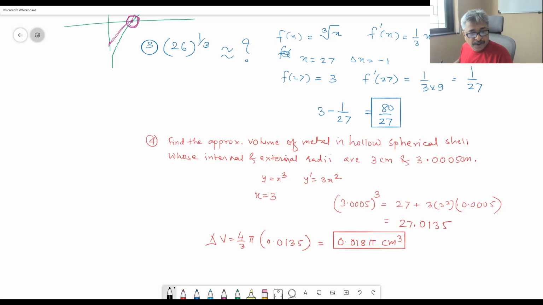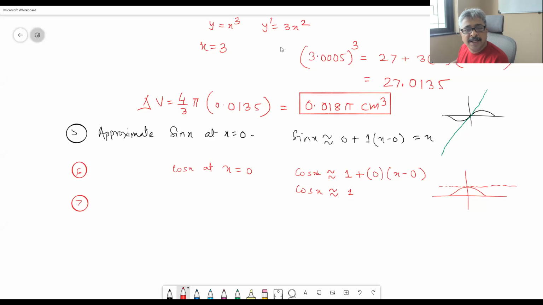Quick, few more because they are important. Approximate sin x at x is equal to 0. Okay, sin x is approximated as x. Cos x, when we put x is equal to 0, we get this.